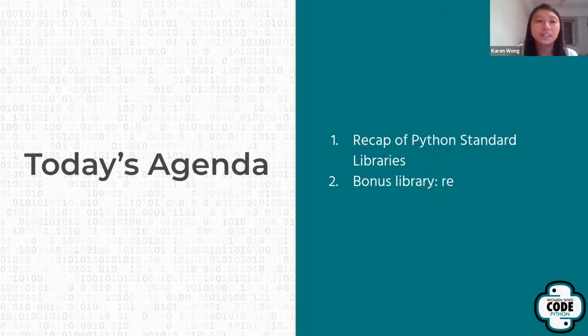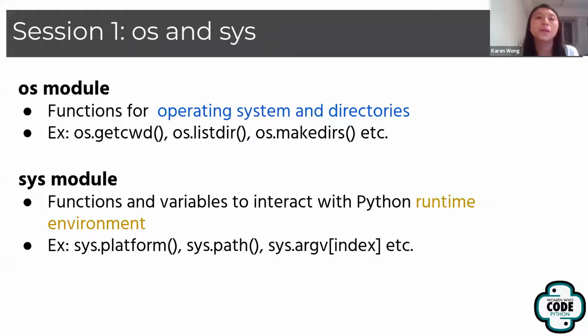So in session one, we went through the os library and the sys library. The os library is dedicated to functions for the operating system and directories, such as getting the directory and making folders.